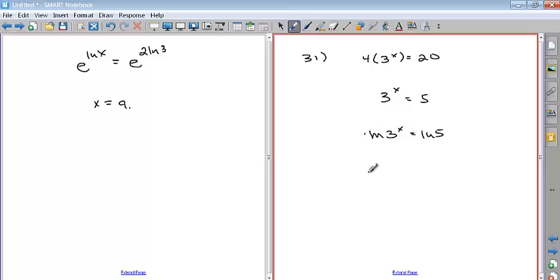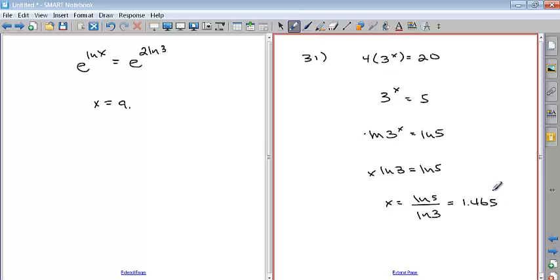Use the properties of logarithms to bring the x out, and divide by the natural log of 3. And so the natural log of 5 divided by the natural log of 3 is 1.465.